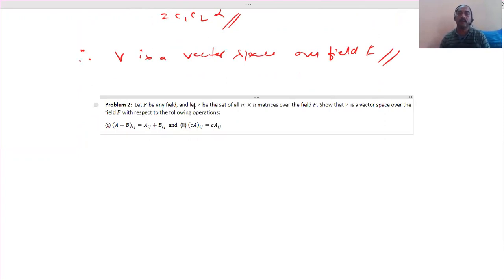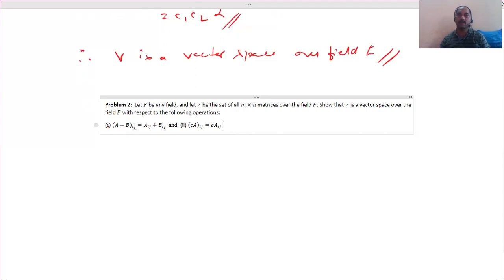Let F be a field, any field, and V be the set of all M by N matrices over the field, so that V is a vector space over the field with respect to the following operations. Here we are always given the vector addition and scalar multiplication. Using these two operations only, we need to prove that. With respect to vector addition, the addition is row wise. First row, second row, third row.